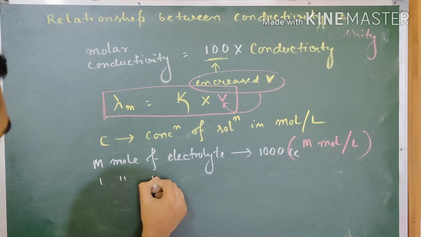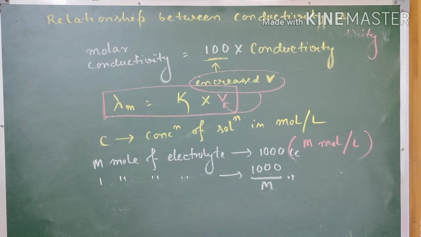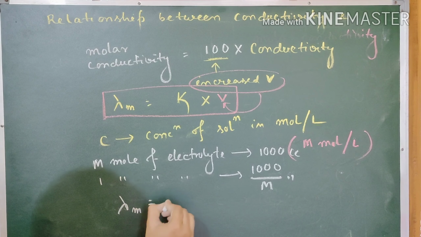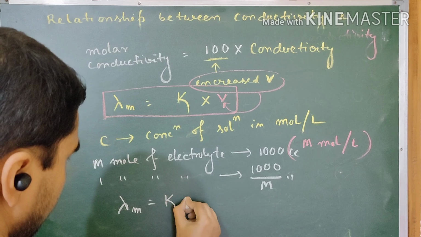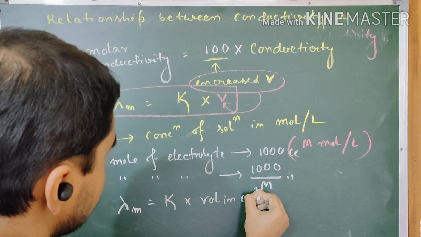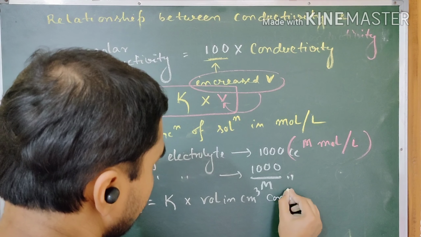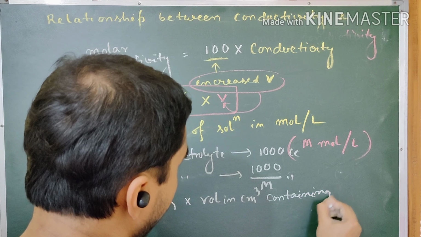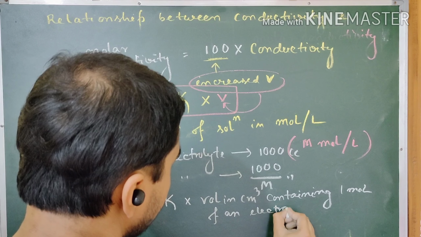So 1 mole of an electrolyte is present in 1000 by m cc. Thus lambda m is equal to kappa into the volume in centimeter cube containing 1 mole of an electrolyte.